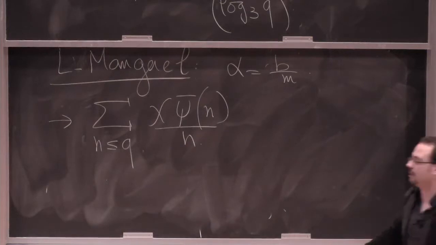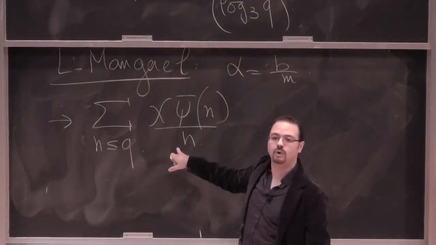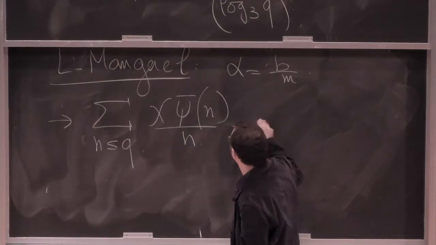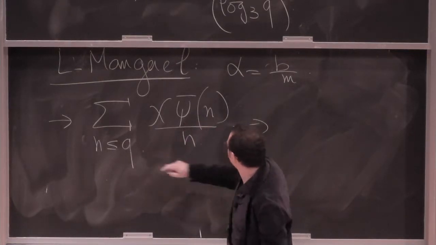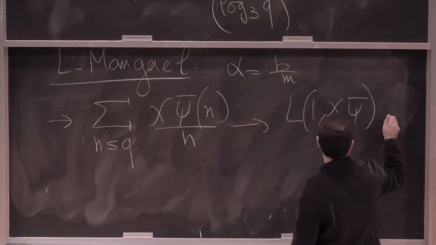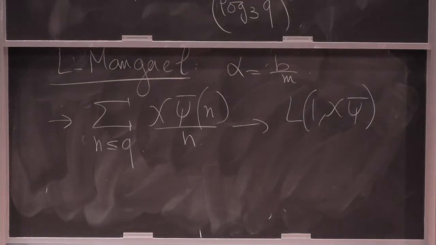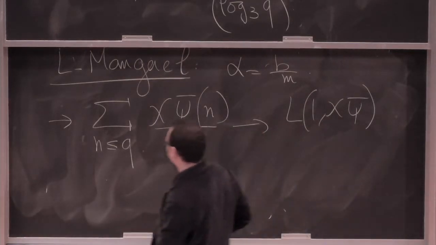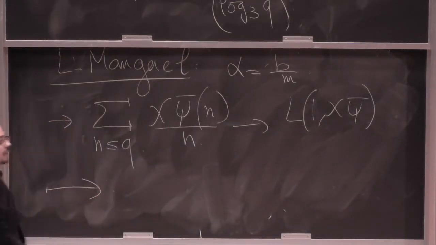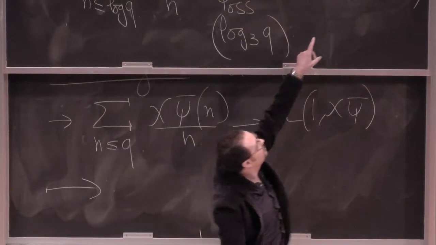Exactly by the same technique. Just choose alpha to be this. The advantage of this one, if you recognize, is that if chi has very small conductor, this is roughly L(1, chi psi bar) plus some error. And now for L(1, chi psi bar), we have a lot of techniques to study it, and we want to make it related to this distance here.